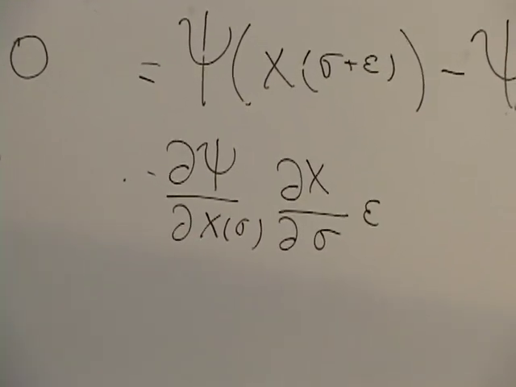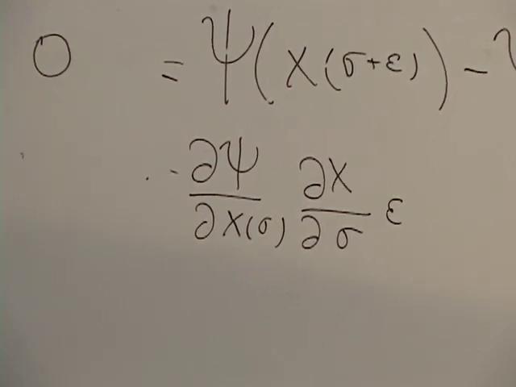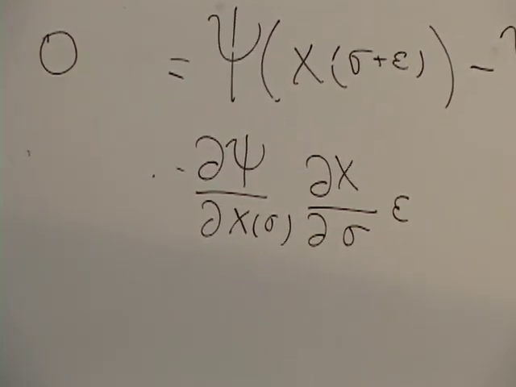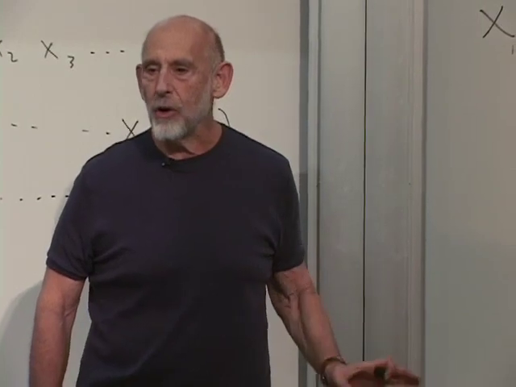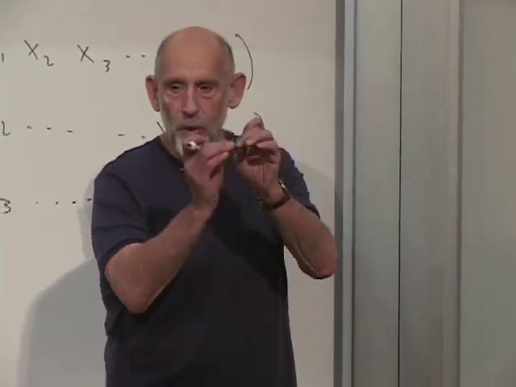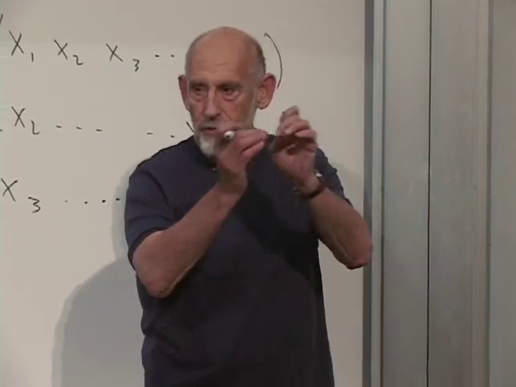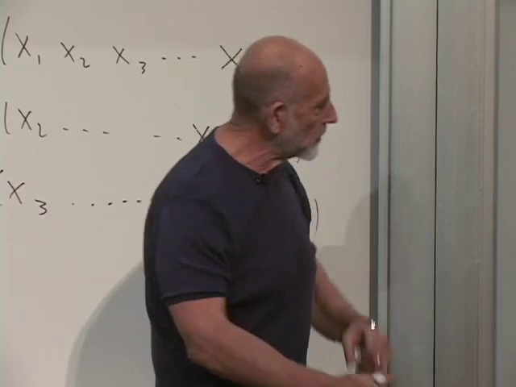Now, which sigma am I talking about? Am I talking about sigma at the origin, sigma at pi? What does it mean here? Is this a separate equation for each sigma? No, you should add them all up. You're saying the change in psi when you change something at one point, plus the change in psi when you change it at the next point, and so forth.